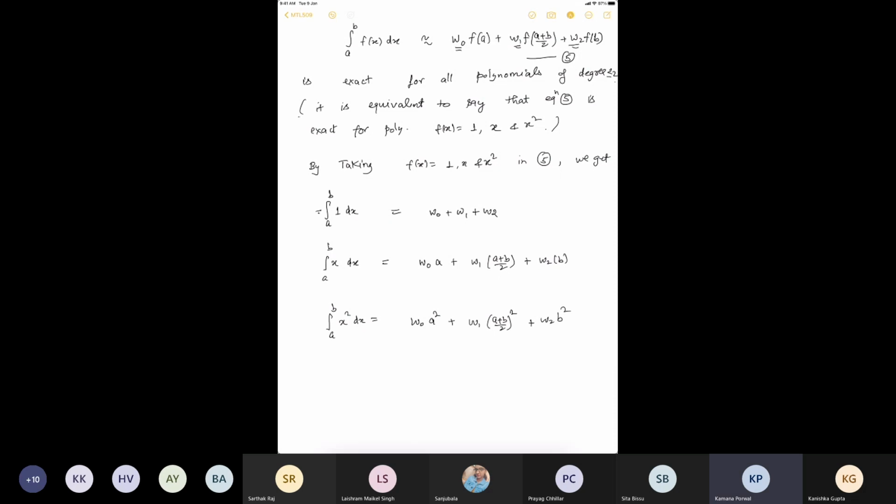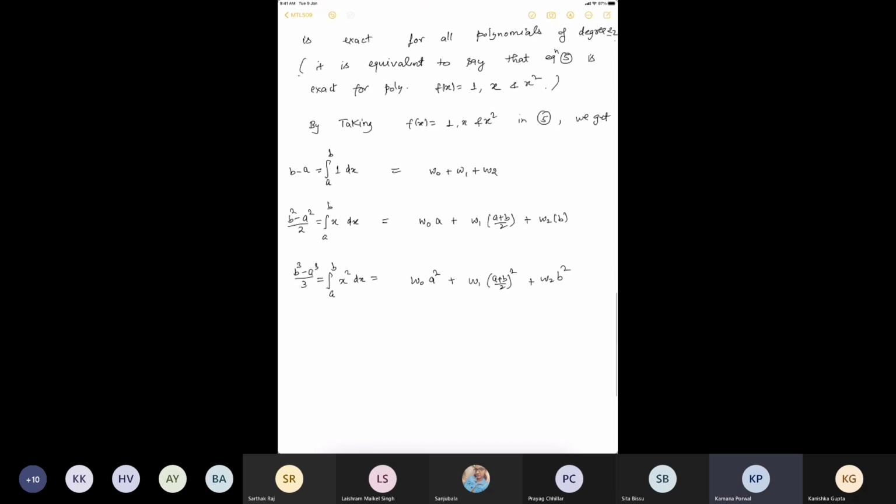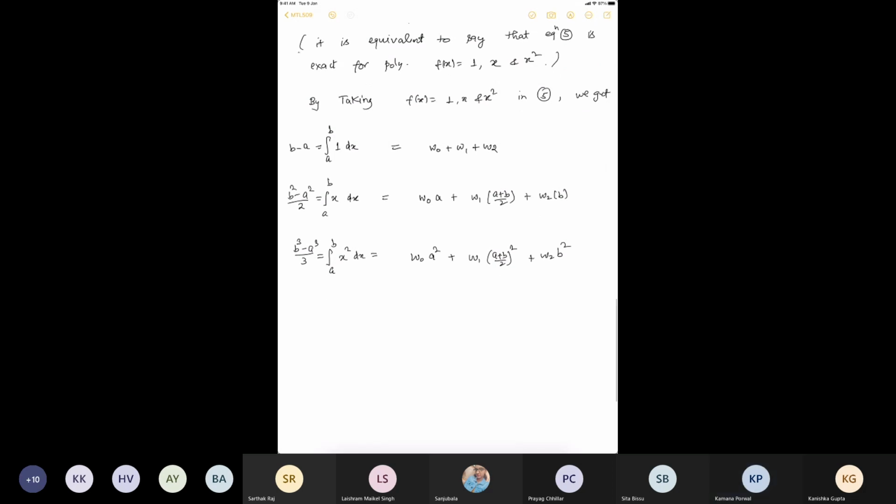If you simplify this, this is b minus a, and this is (b squared minus a squared)/2, and this is (b cubed minus a cubed)/3. Okay, so here W0, W1, W2 are unknowns. So 3 unknowns and 3 equations, so you will be able to determine the Wi's uniquely.